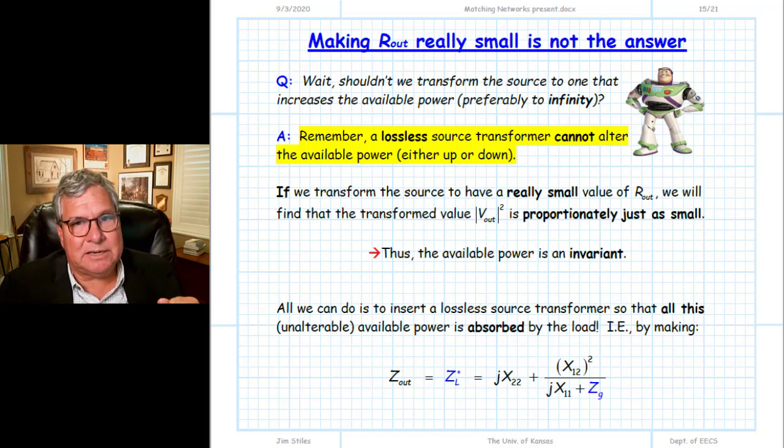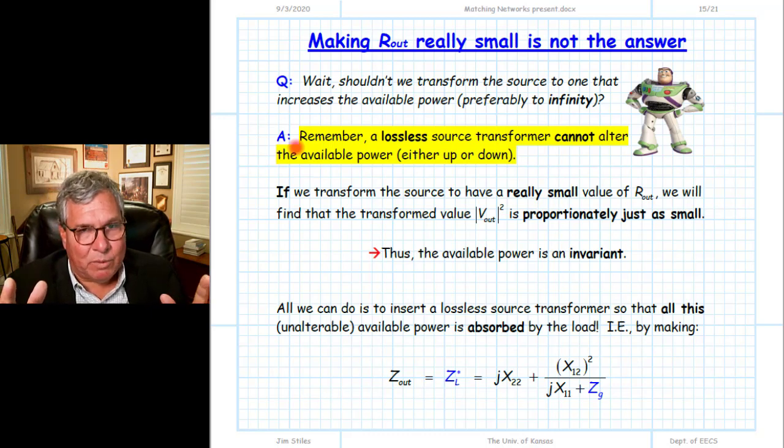Well, the reason is that we cannot alter the output impedance and make the resistive value smaller without likewise making the magnitude squared of that voltage source proportionally smaller. Remember, when we transform a source, both the voltage source and the impedance transform.